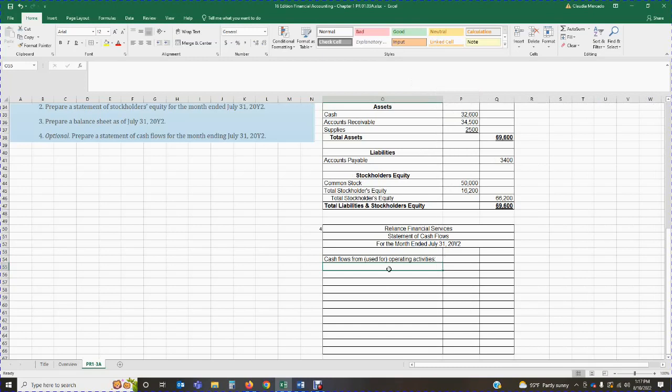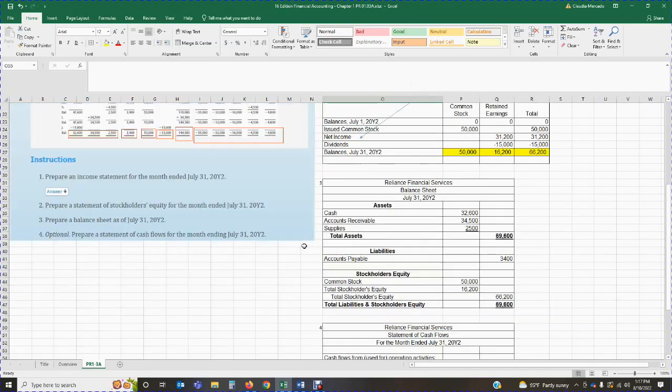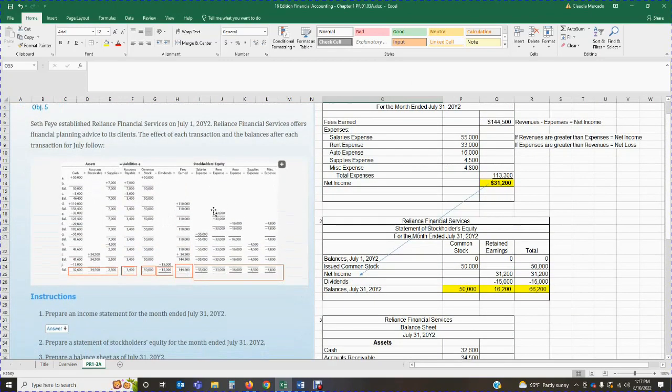Okay, so the first thing we have is, did we receive any cash from our customers? Here it's going to be a little bit more complex because we have to dig through the information provided. We have to focus on the transactions that affect cash.